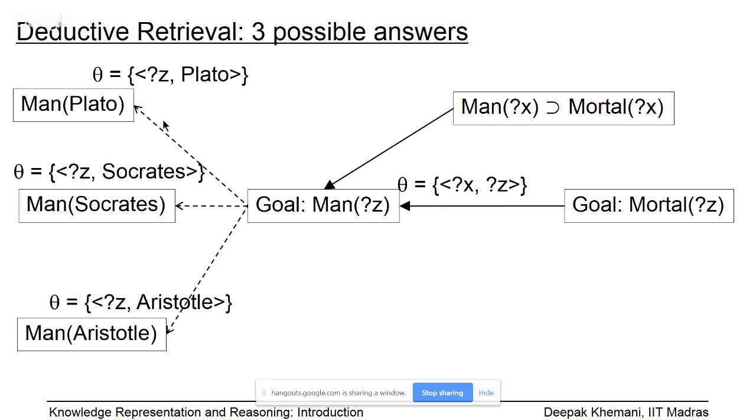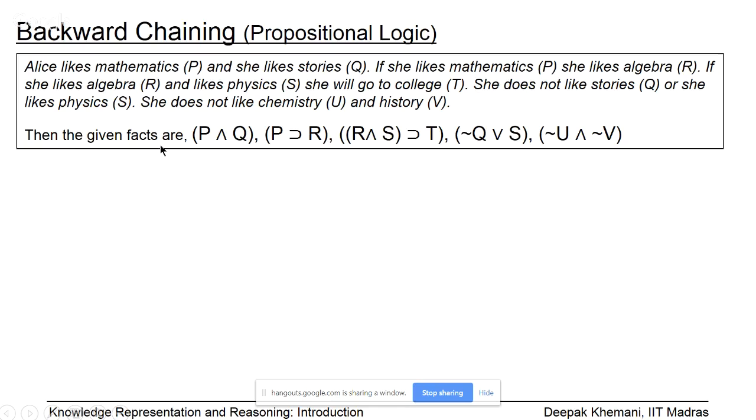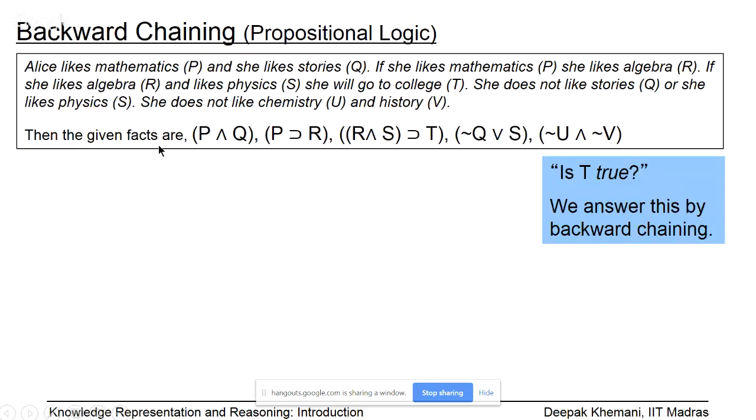Typically in Prolog, that is done by pressing the return key, and then it gives you the next answer and the next answer. This is the process that it follows in Prolog, which is a sort of backward chaining essentially.